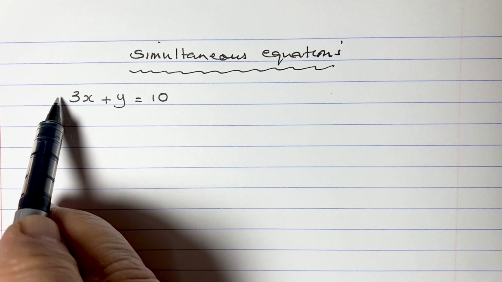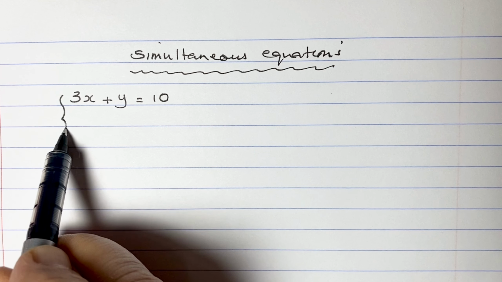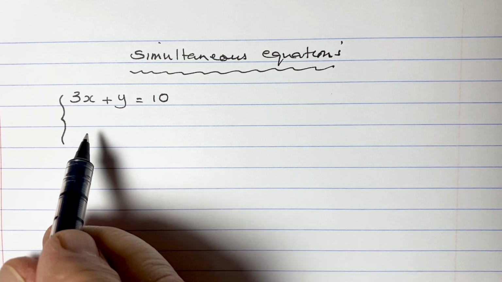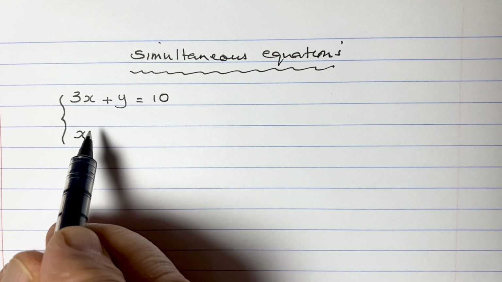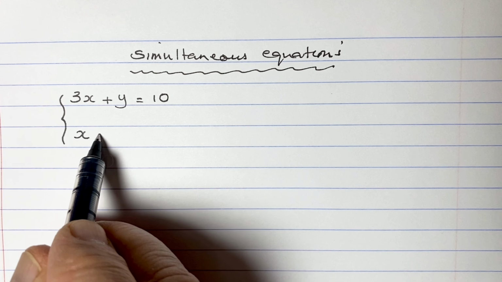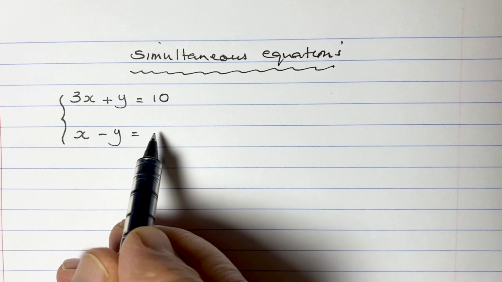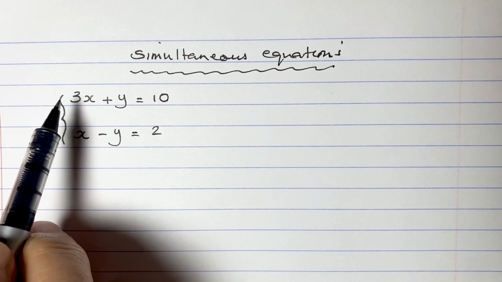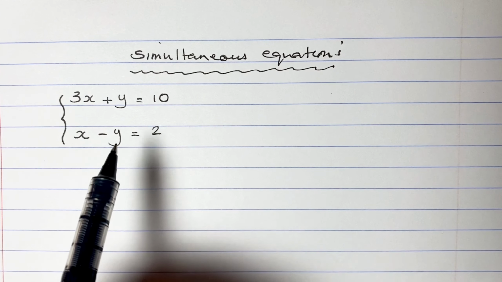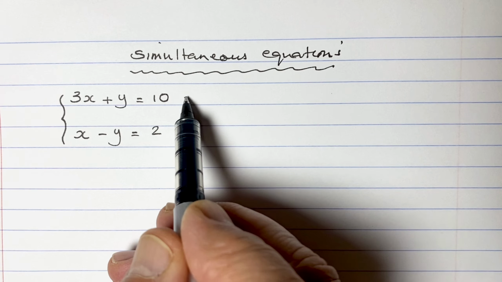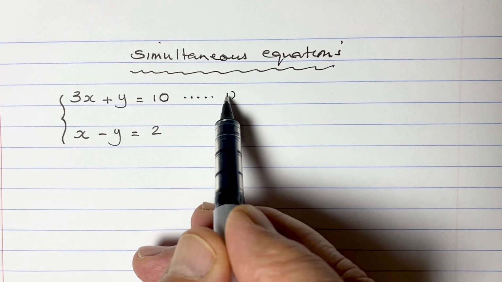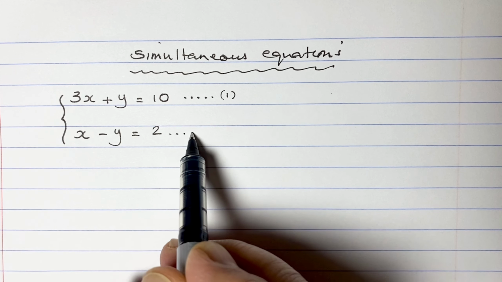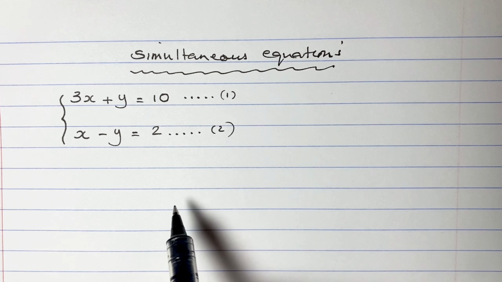You need an independent equation. So the next equation I give you: first number minus the second number is 2. Now you have two unknowns and two independent equations. Let me call these equation 1 and equation 2 because I need to refer to them later.